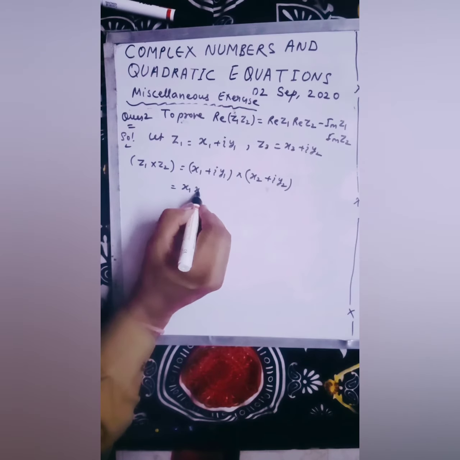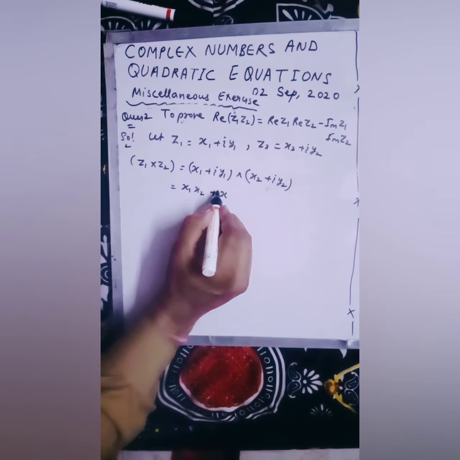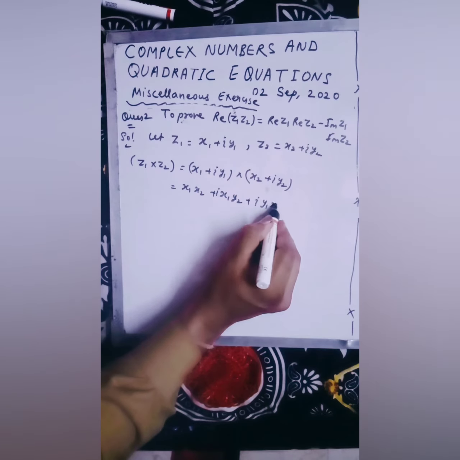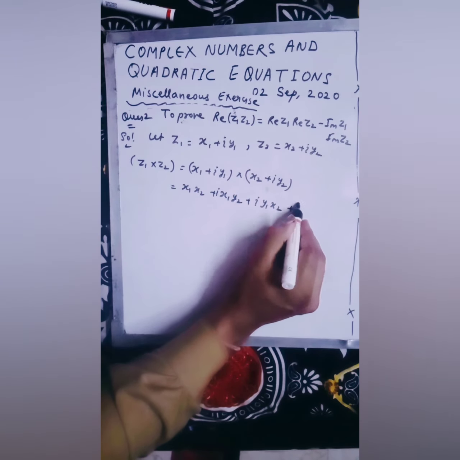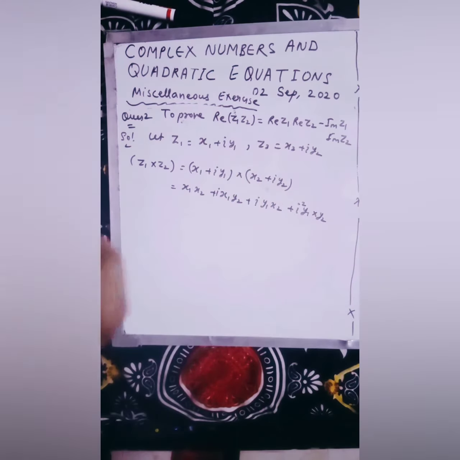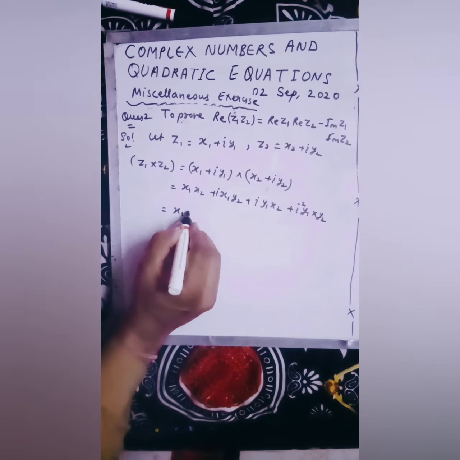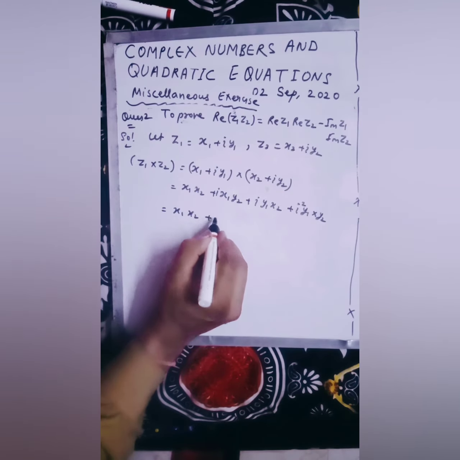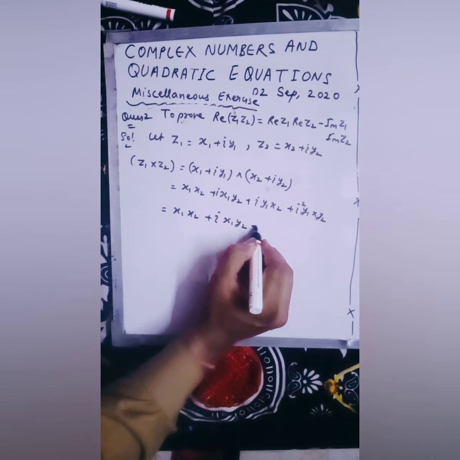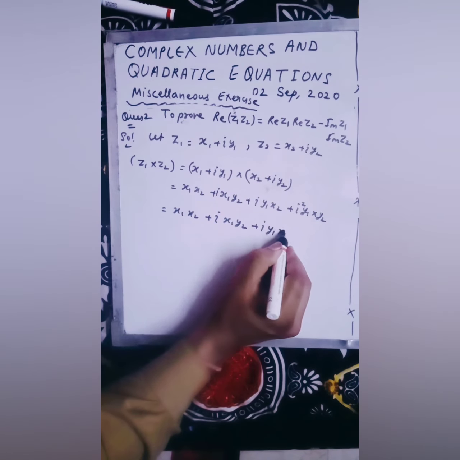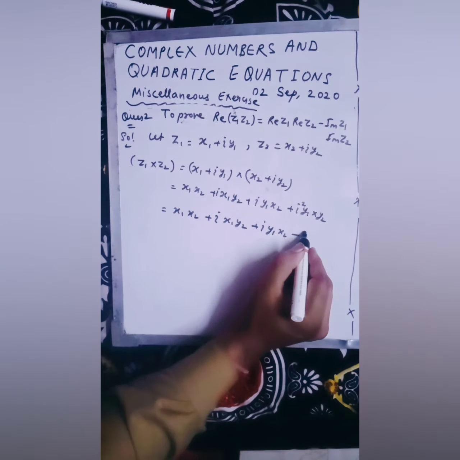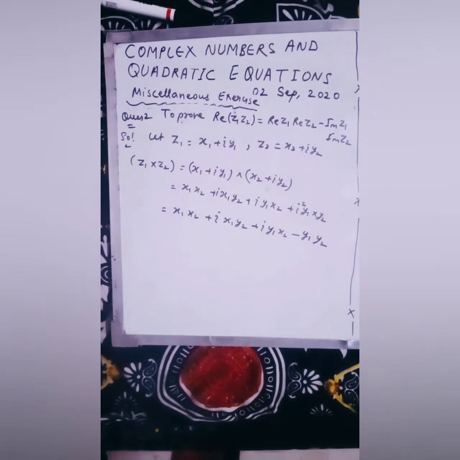So x1 x2 plus iota x1 y2 plus iota y1 x2 plus iota square y1 y2. Here you are getting iota square, so it would be minus y1 y2.